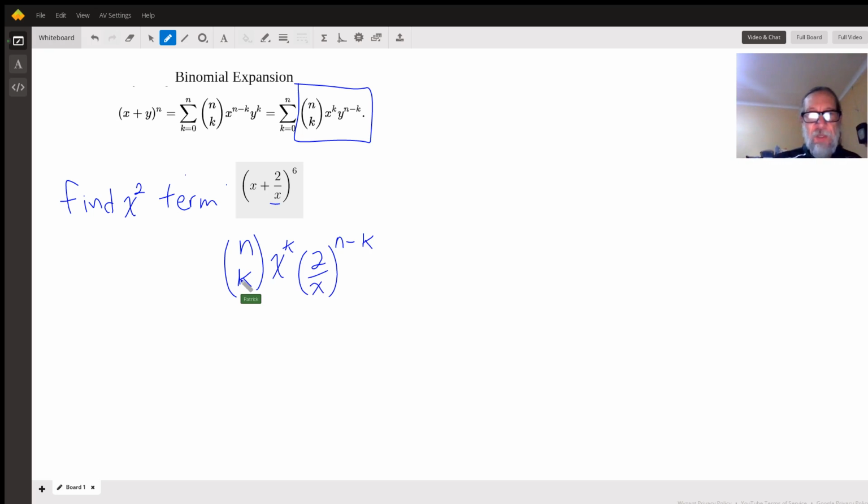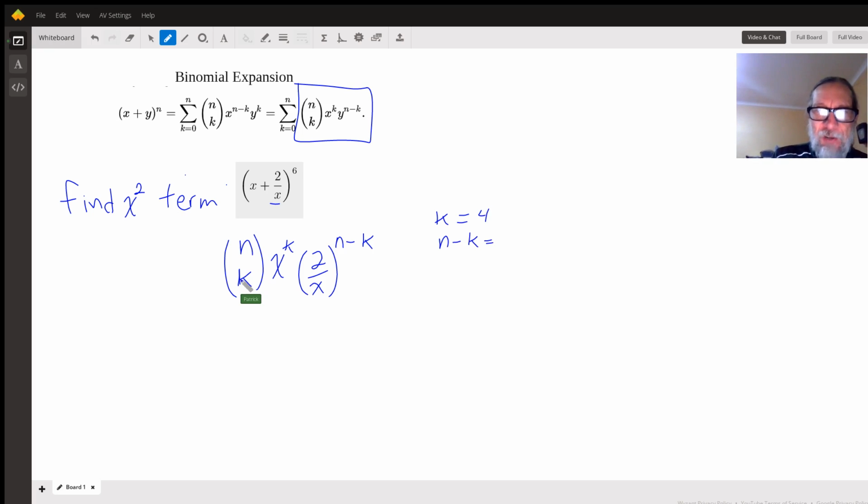Okay, so we need to think about when this will make an x squared. Well, it'll make an x squared when k is 2 more. So when this is 2 more than this. They're going to add up to 6, and so it looks like if k is 4, then n minus k is going to be 2.